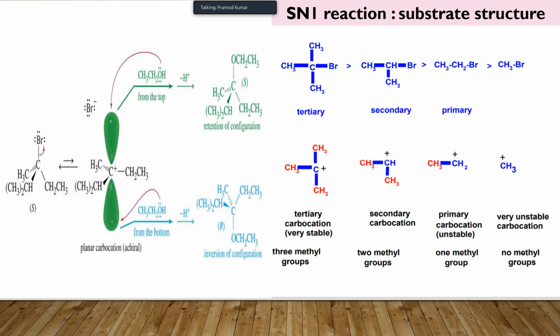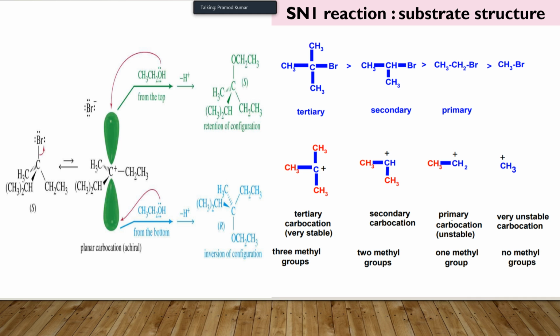So what is the stereochemistry of the SN1 reaction? There will be racemization. That means you get equal concentration of both products. If we start from R, you get S and R in equal proportion.